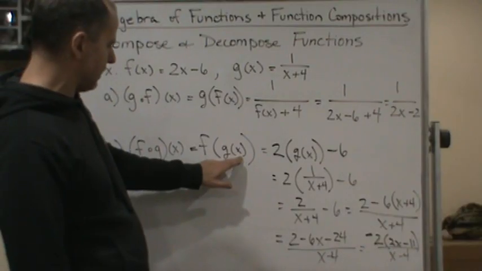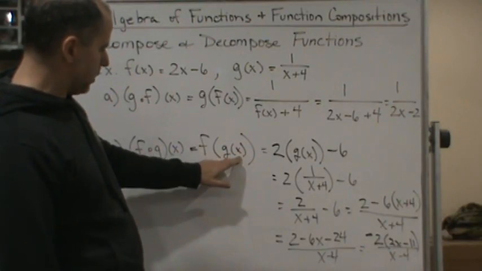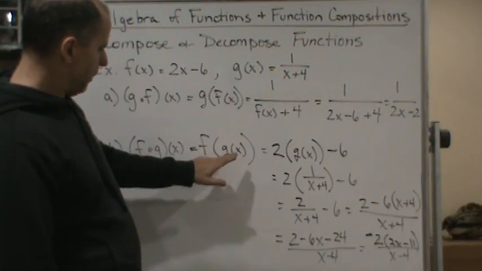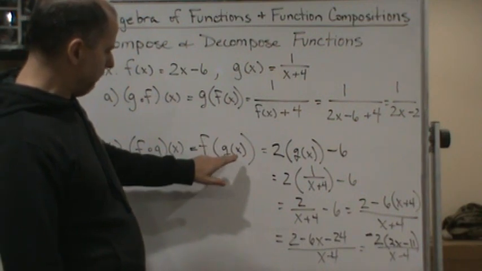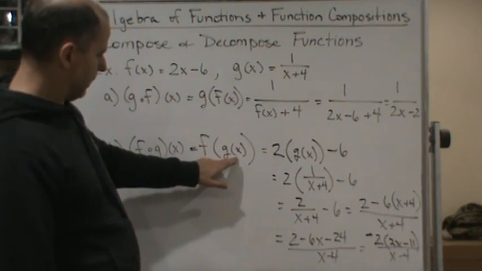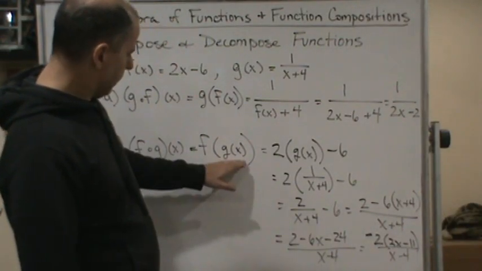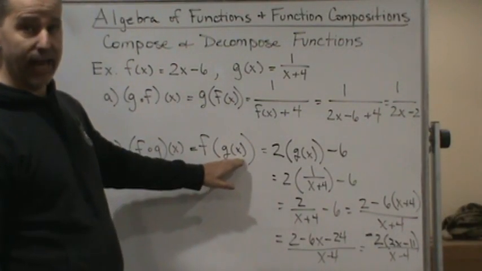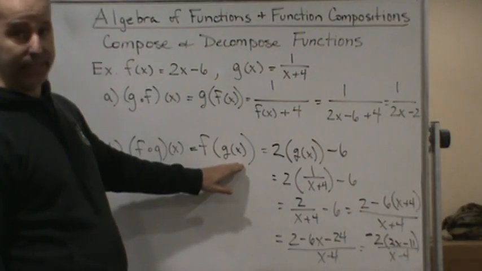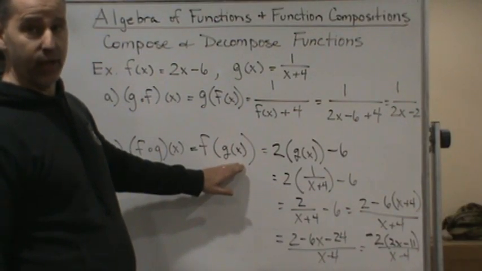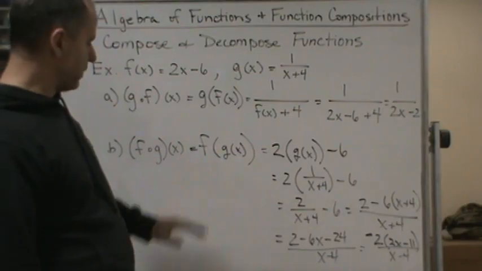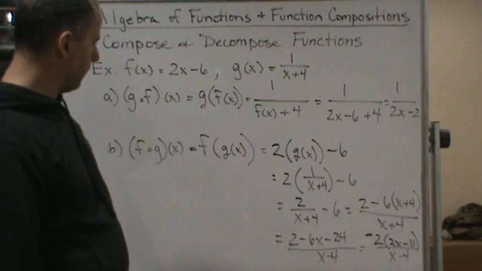So remember, the domain is all the values of x that will give a value of g of x that will go into f. Since 4 cannot go into g, it won't give a g of x, so that's going to be restricted. Okay.